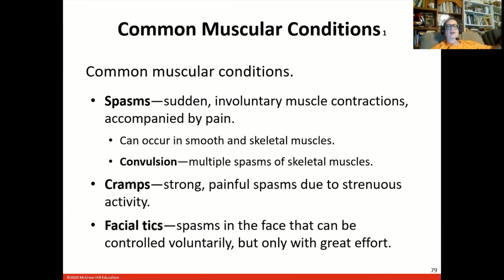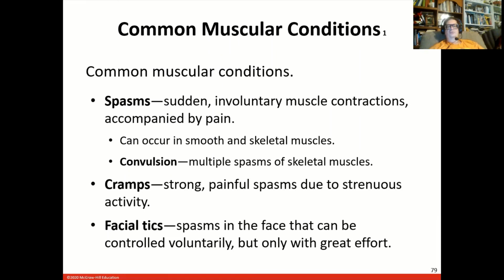Let's go through it. So spasms are muscle contractions that you are not controlling, and they hurt. Convulsions, you could have them in smooth muscles, you could have them in skeletal muscles, which are supposed to be under voluntary control, but not always.